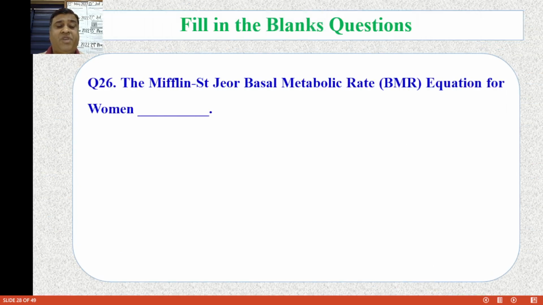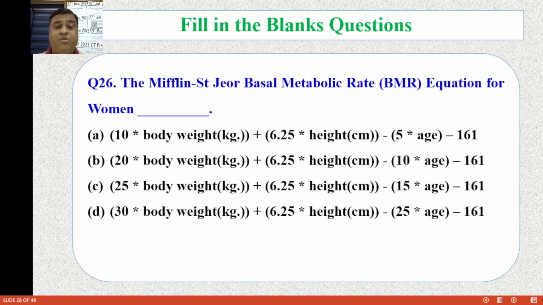Now question number 26. The Mifflin-St Jeor basal metabolic rate, that is BMR, equation for women. Option A, 10 into body weight in kg plus 6.25 into height in centimeters minus 5 into age minus 161. Option B, 20 into body weight in kgs plus 6.25 into height in centimeters minus 10 into age minus 161.